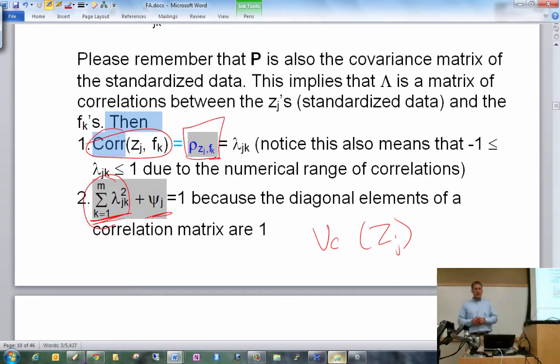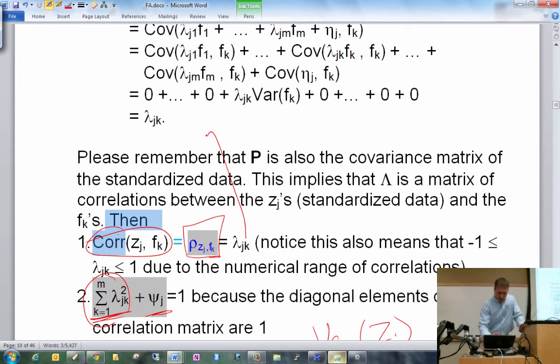This correlation between z sub j and f sub k is lambda sub jk. Why is that? It just comes from using that result up there. But also notice what this means for us: these lambdas now have a particular numerical range, because correlations are between -1 and +1. So these lambdas in our factor loading matrix have to be between -1 and +1.